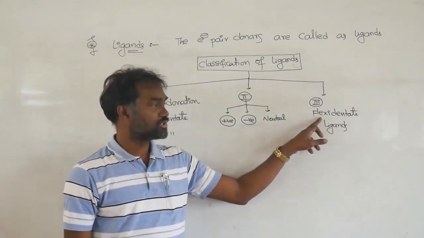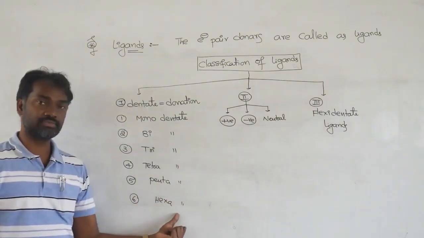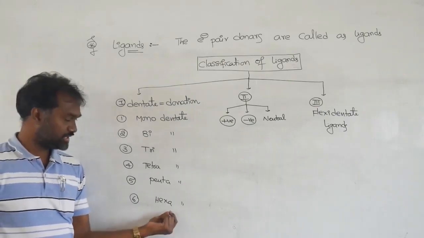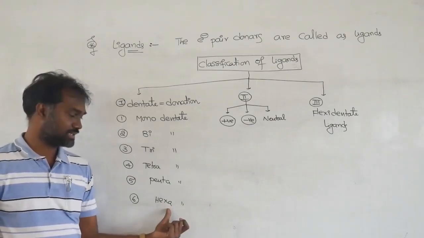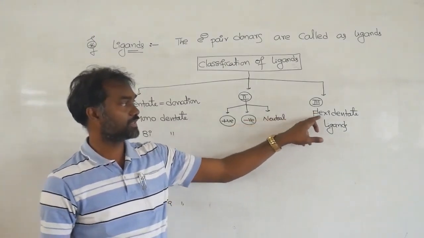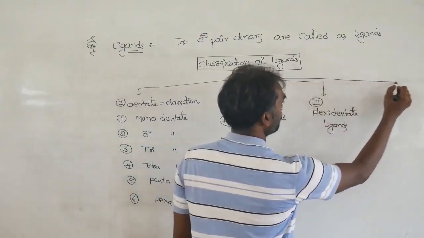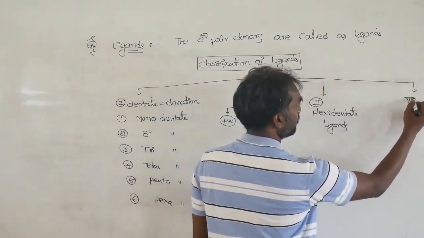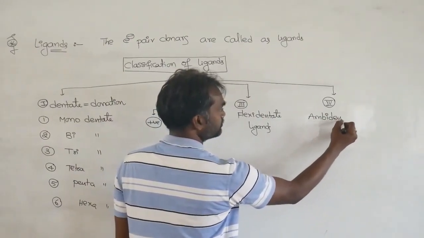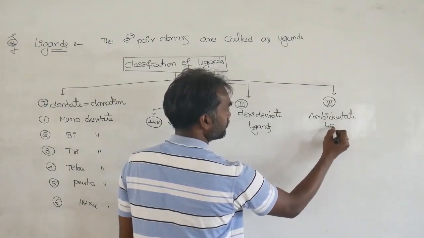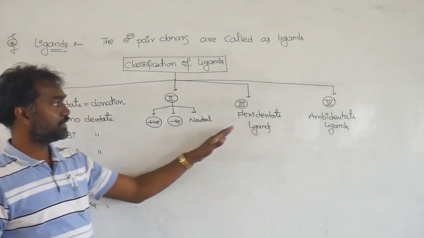Suppose a hexadentate ligand is there, meaning it donates 6. Suppose the metal wants only 4, so it supplies 4 only. However many lone pairs the metal wants, that is supplied. So that is a flexible donor. Next, ambidentate ligands.